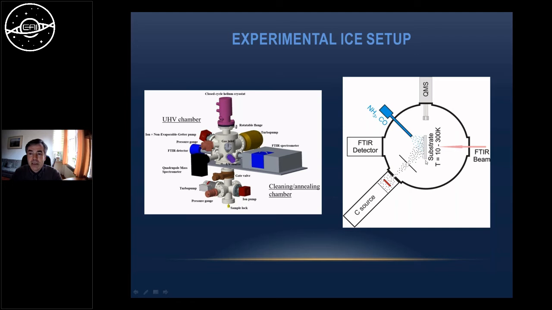We have the substrate, which could be cooled down to 10 K, and what's going on on the substrate we could monitor by means of infrared spectroscopy, and what's going on in the gas phase we could monitor with quadrupole mass spectrometry. And then we deposit ammonia, CO gas, and carbon atoms on the substrate.